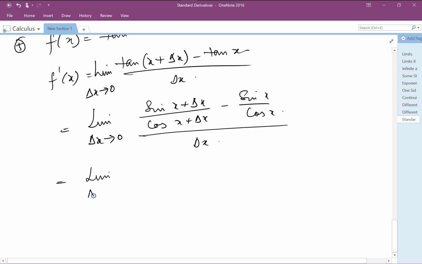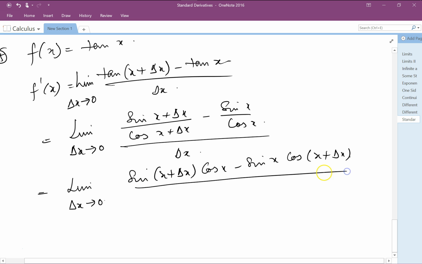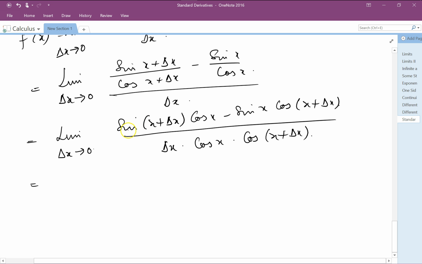Limit delta x approaches 0 of sin(x plus delta x) cos x minus sin x cos(x plus delta x), divided by delta x times cos x cos(x plus delta x). Now the top one is an identity, sin A cos B minus sin B cos A, which is sin(A minus B).